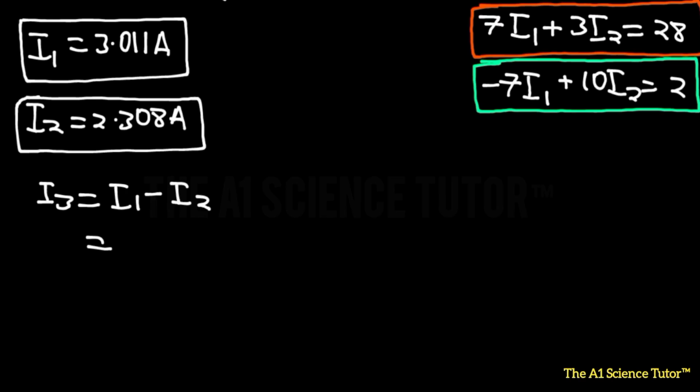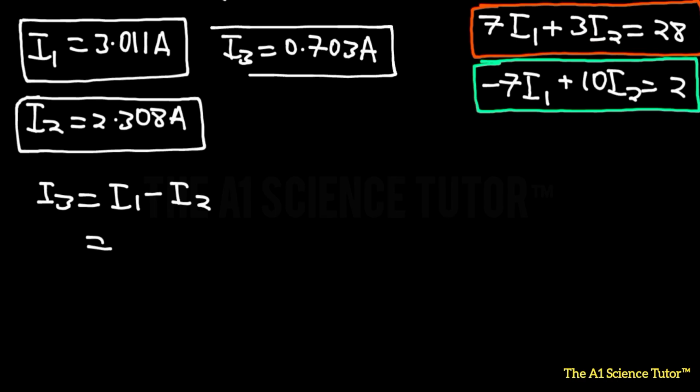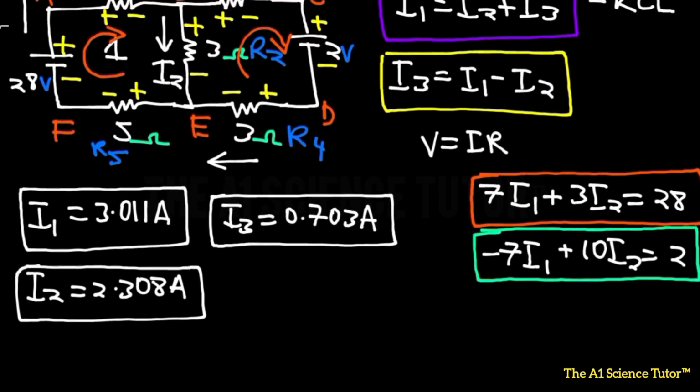So if you have 3.011 minus 2.308, that gives us 0.703. So I3 here, that is 0.703. So this will be the third current. So now you can say you've found all the currents that will go through each resistor within this circuit.